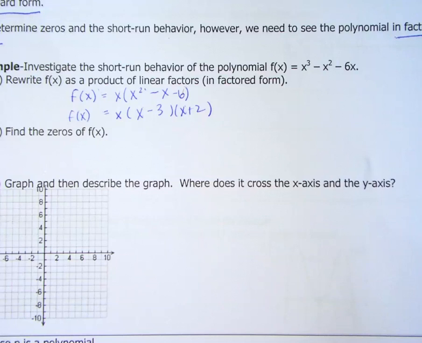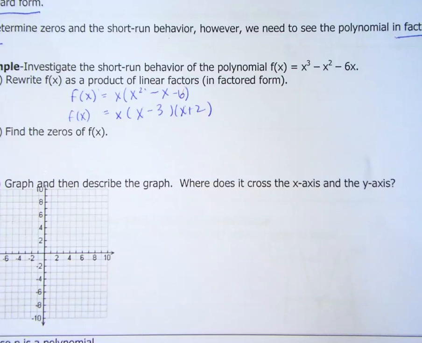Okay, so in general, if you have an even number of repeats, meaning that exponent is an even number, here's what will happen in the graph. For an even number of repeats, the graph will not cross the x-axis.